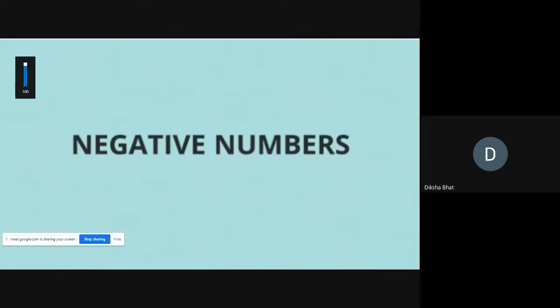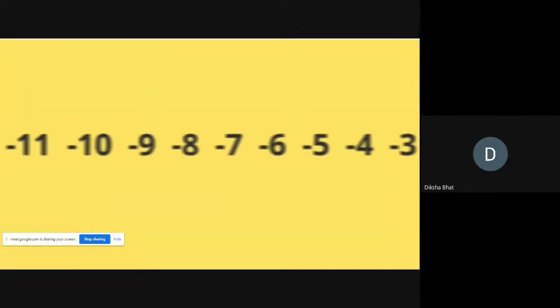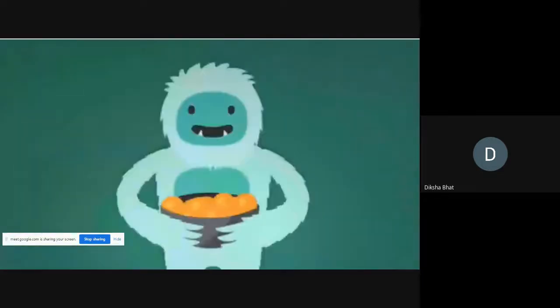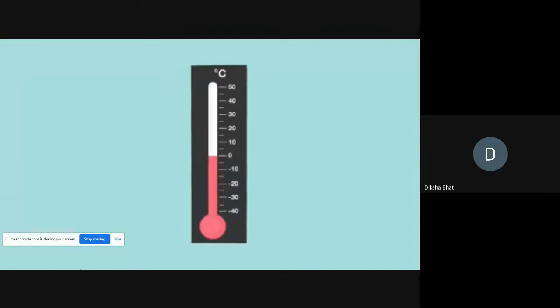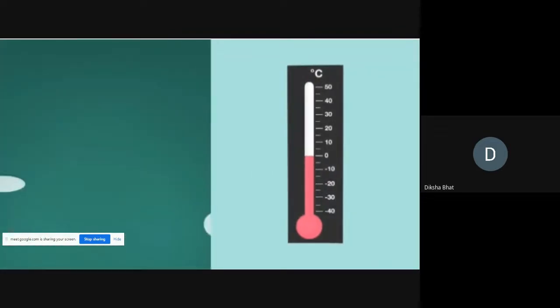Negative numbers are any number less than zero. Imagining something less than zero can be difficult. Suppose you have a bowl of oranges, and someone takes them away until you have zero left. When there's nothing, it's hard to imagine being able to take away more. However, there are instances in real life where we use numbers less than zero.